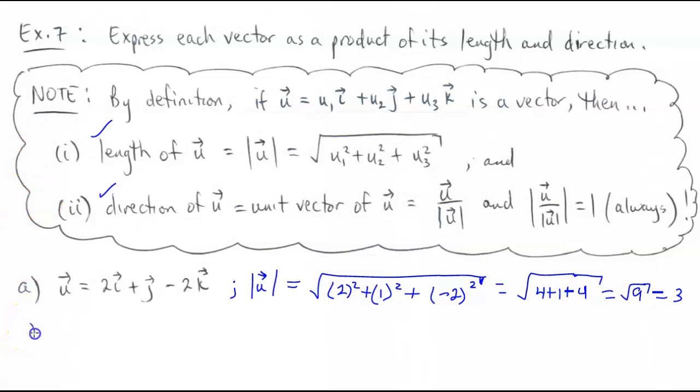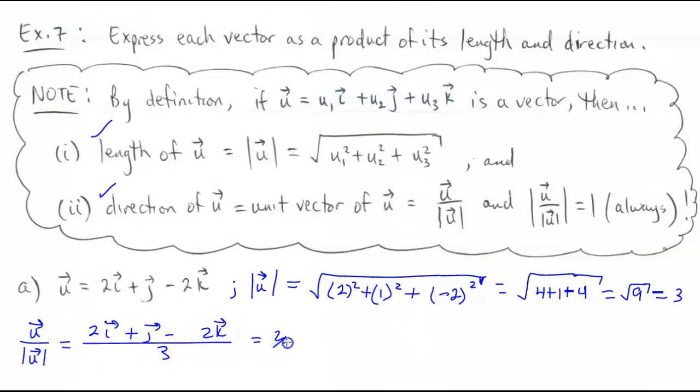Our unit vector now is just going to be this vector divided by the magnitude. I'll go ahead and write that out, and all this is divided by 3.